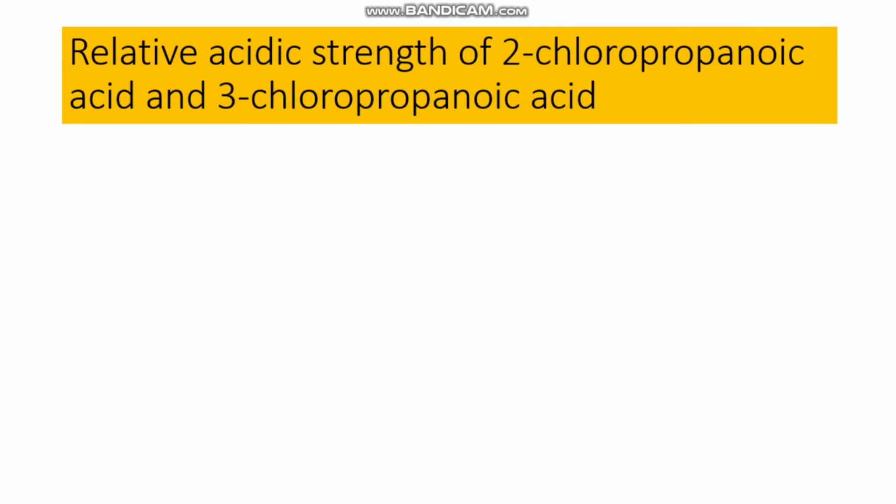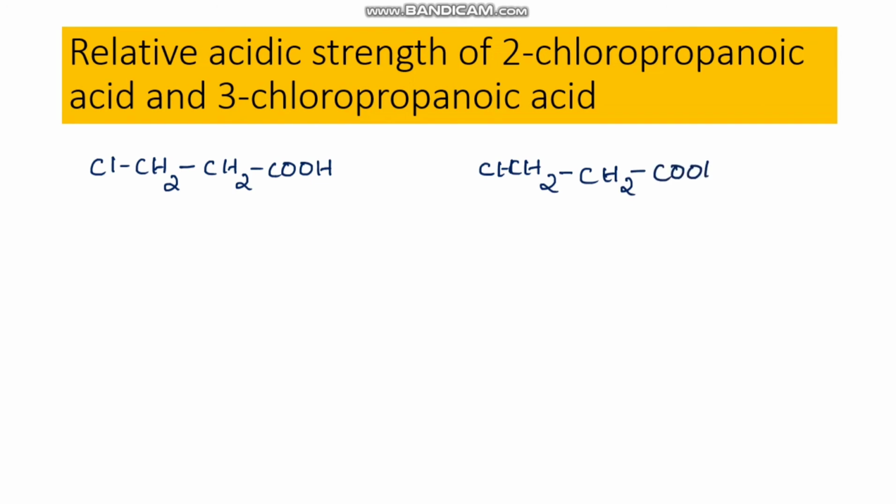Next we'll discuss about the relative acidic strength of 2-chloropropanoic acid and 3-chloropropanoic acid. So what is 3-chloropropanoic acid? The structure is Cl, CH2, CH2, COOH.